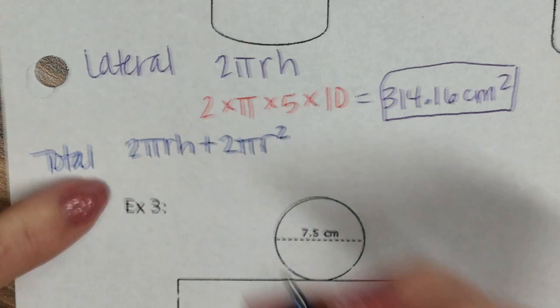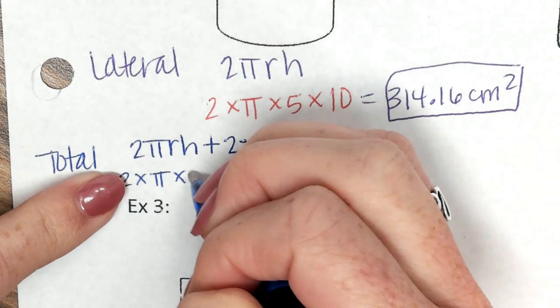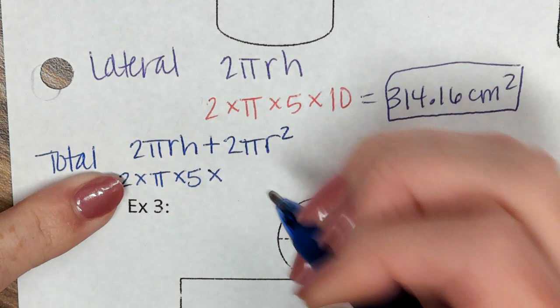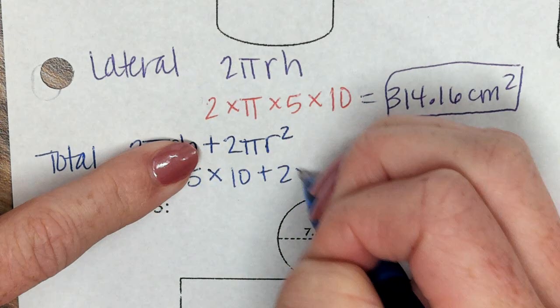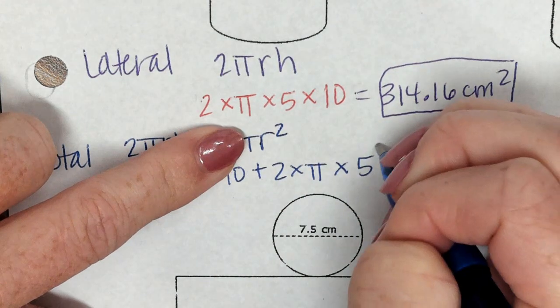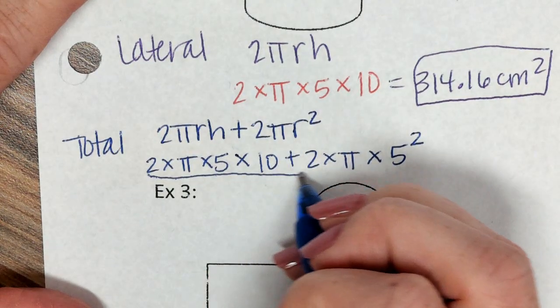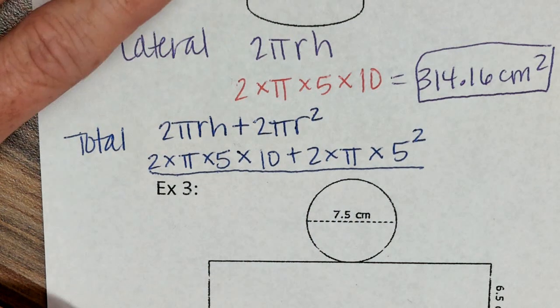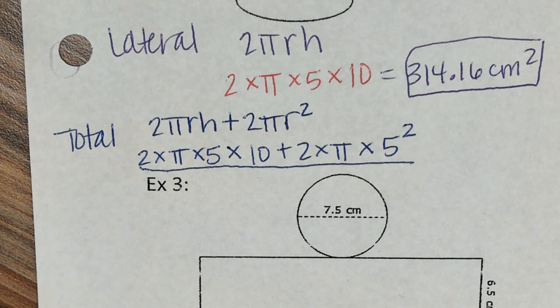So I'm going to do 2 times pi times, what's my r? 5. What's my h? 10. Plus 2 times pi times my r, 5, to the second power. And this is what I'm going to type into my calculator all at once. Just take your time typing it in so you don't make any errors.